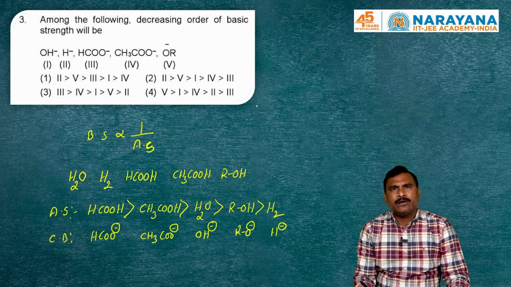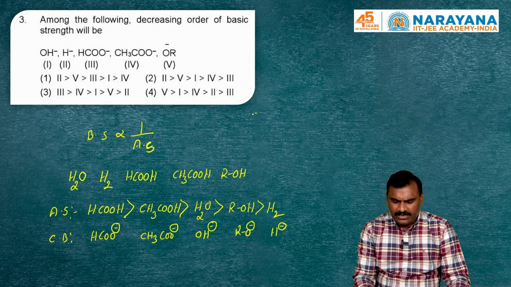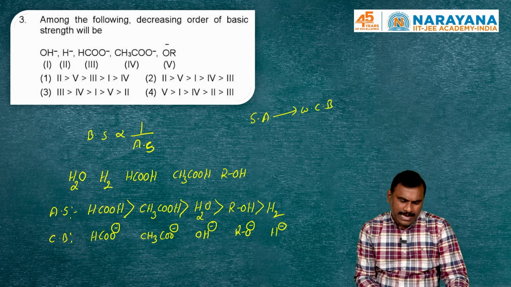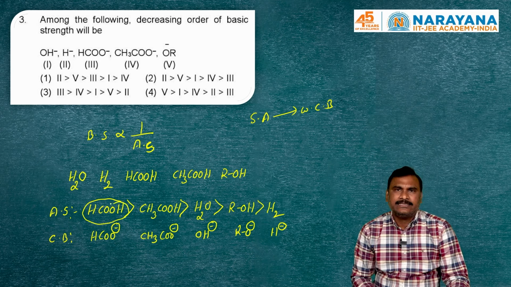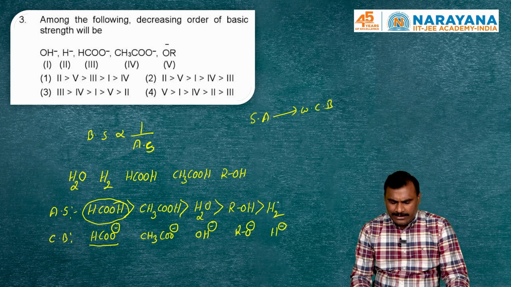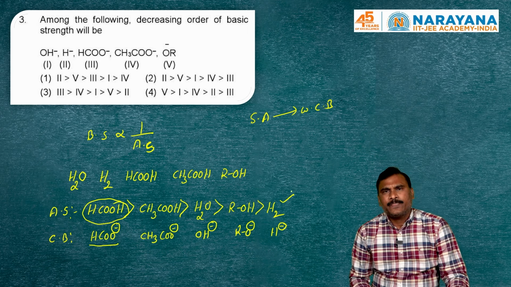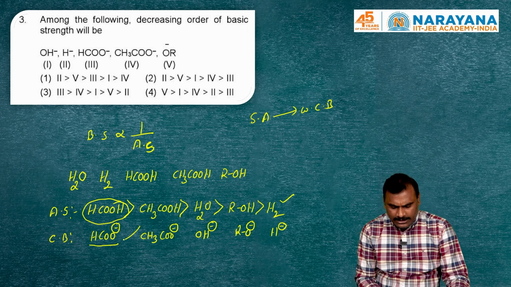Now, according to Bronsted-Lowry theory, a strong acid produces a weak conjugate base. So, according to the order, formic acid is the strong acid, then formate is the weak conjugate base. Hydrogen is the weakest acid, then H minus should be the strongest base.